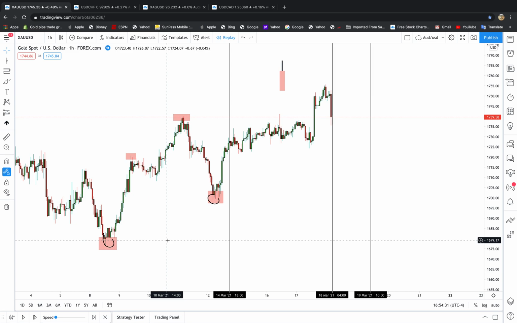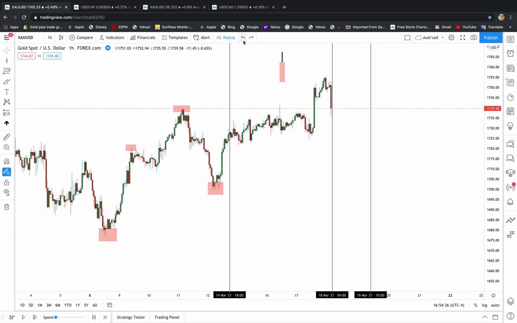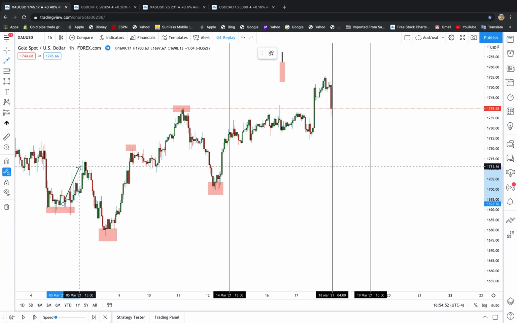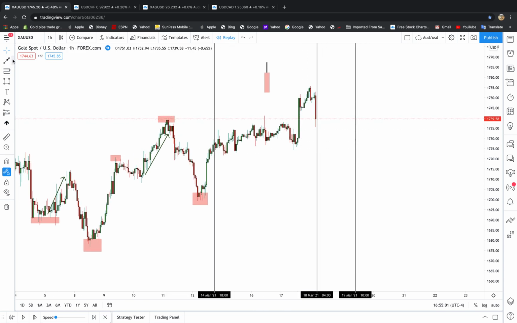So I need to see what is forming prior to it making the low, right? So when I look to the left of the chart, I see a bullish move, and another bullish move.